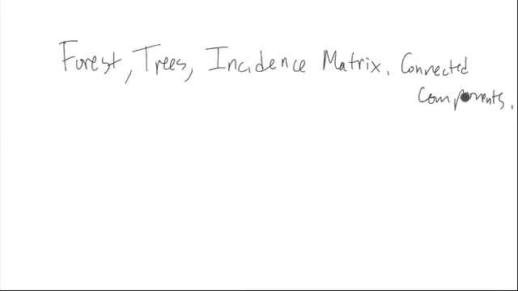So a tree is connected. It has one connected component. So after looking at the incidence matrix to take it down to Smith normal form, we should end up having one row of zeros at the bottom for one connected component.